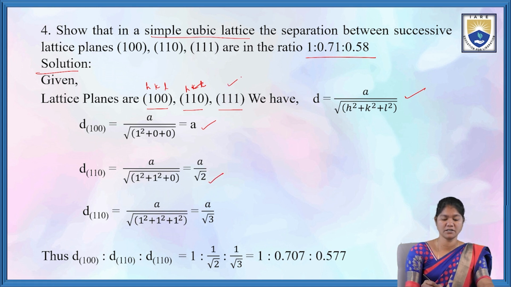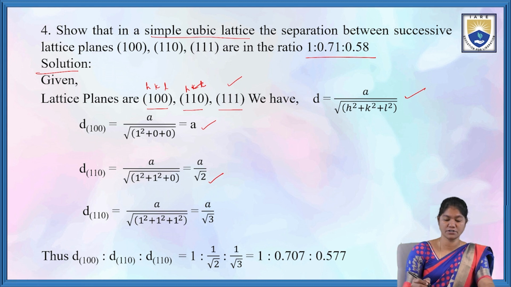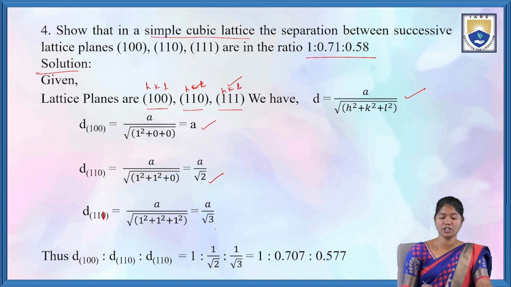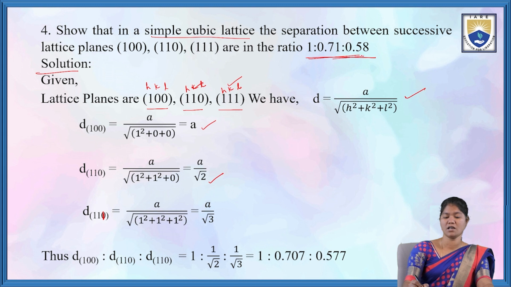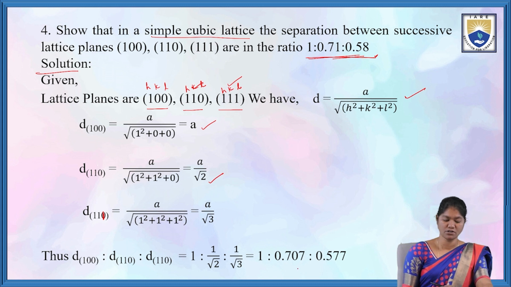For the third lattice plane, D111, it is equal to A by root of 1 square plus 1 square plus 1 square, which is A by root 3. We need to show that D is in the ratio 1 is to 0.71 is to 0.58.